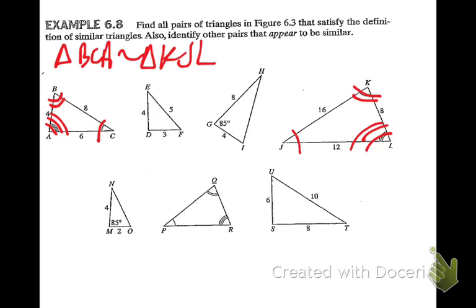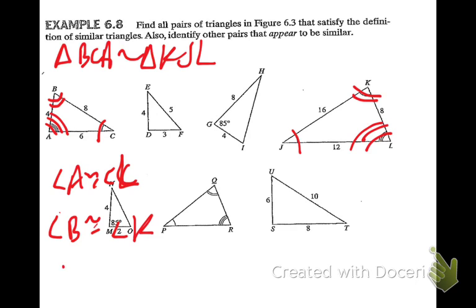And so if we were proving this, we'd have to write that out. Angle A is congruent to angle L, angle B is congruent to angle K, and angle C is congruent to angle J. So the angles are matched up.